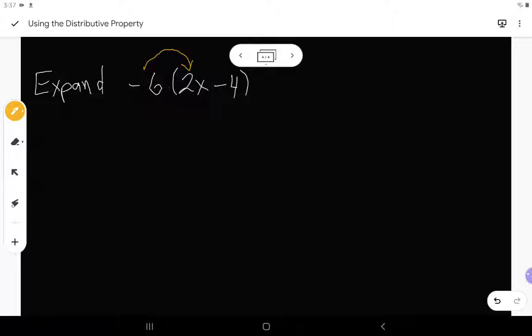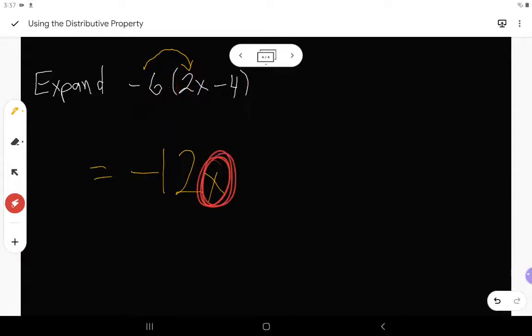But if you remember, when I drew them out, it just meant that I drew 2 x's in each group. So if I have 6 groups and I draw out 2 x's in each group, altogether I should have 12 x's. Now, the only thing that happens is negative times positive means I'm going to have negative 12x. Well, that's not so bad, because really it's kind of like I just went negative 6 times 2, and then the x just stayed as it was.